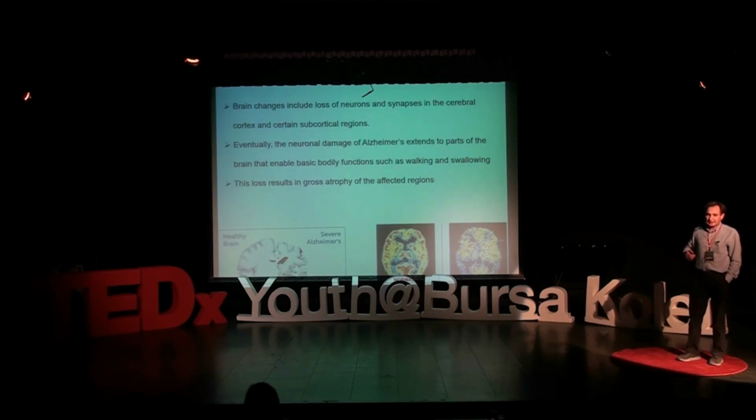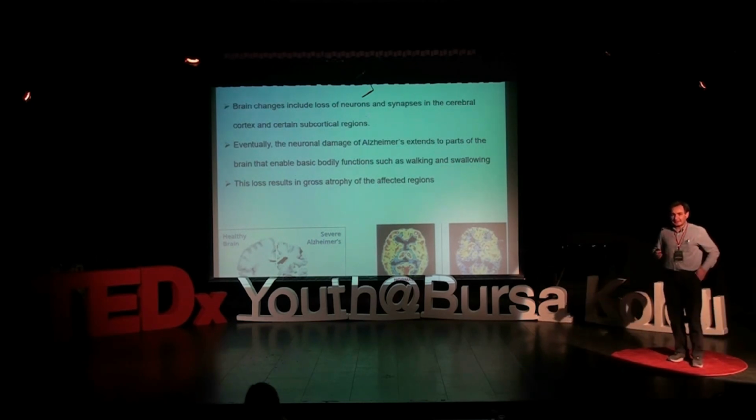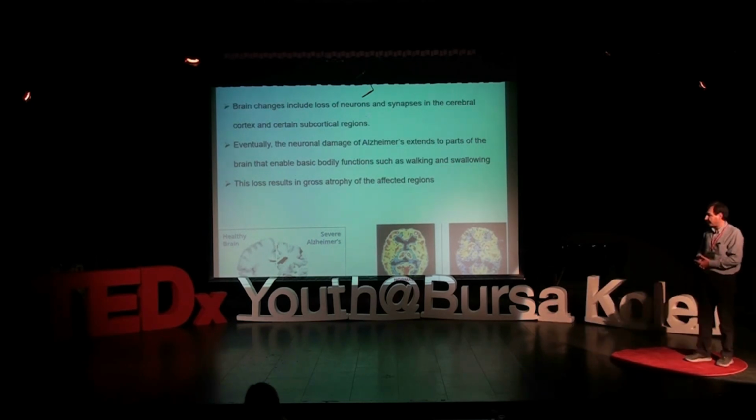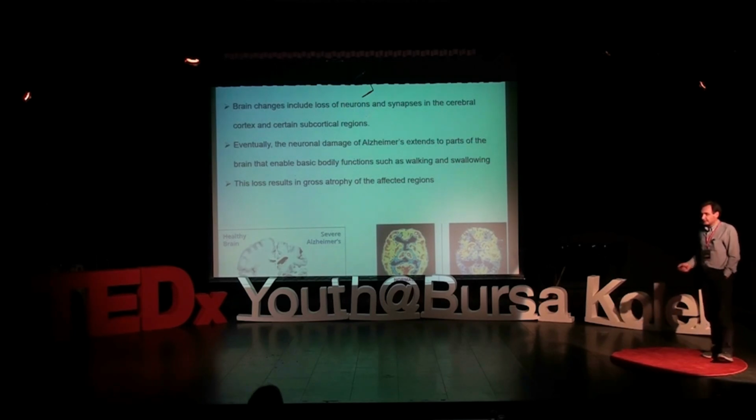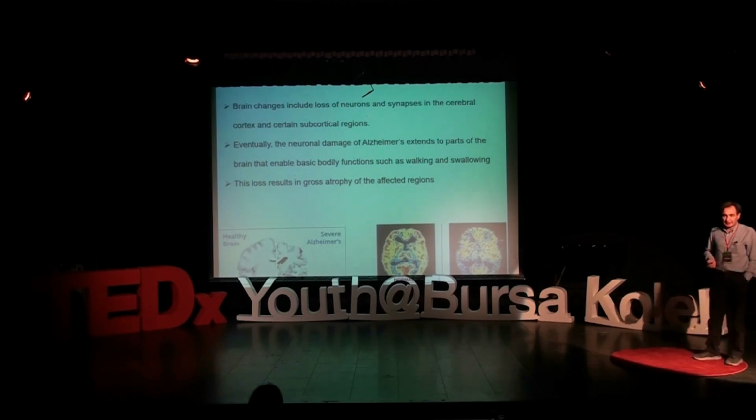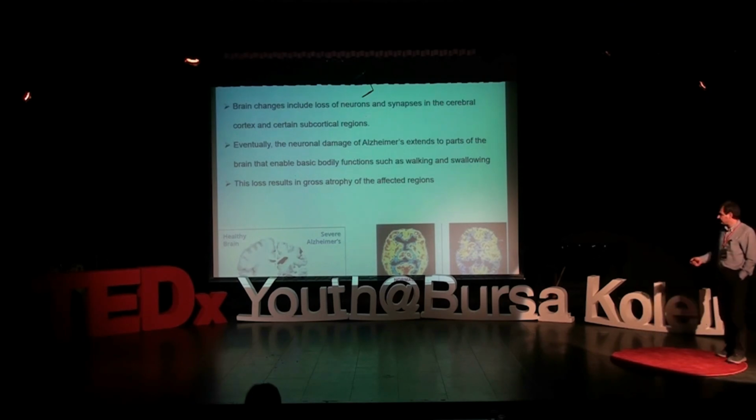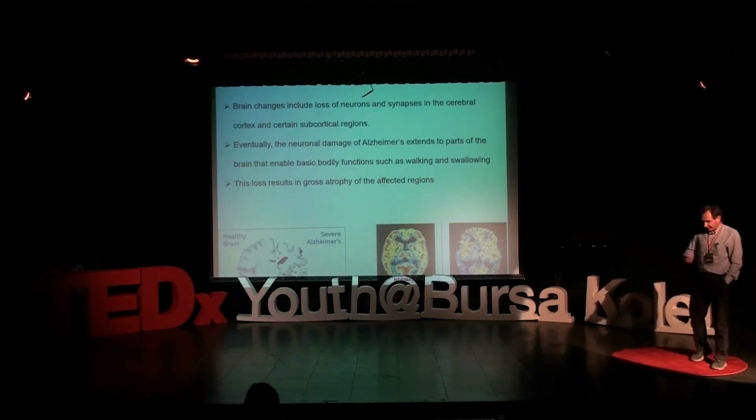It's because of the atrophy, which means the death of neuronal cells in the brain. Here on the right side, there are also two illustrations. The one on the left is the PET scan image of a normal brain, and the other is the PET scan image of a brain with Alzheimer's. Here you can see the blue and dark blue regions indicate inactive regions in the brain.